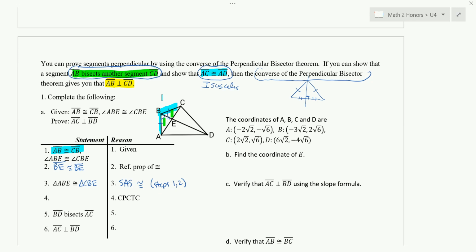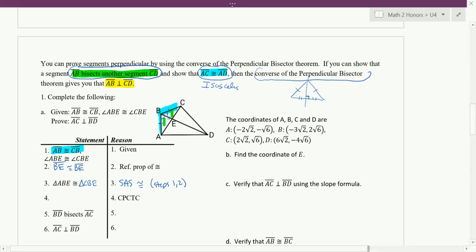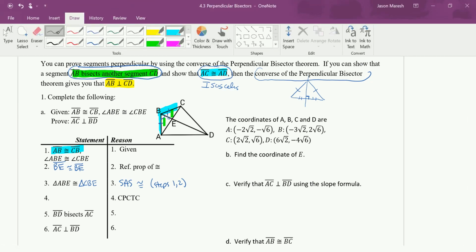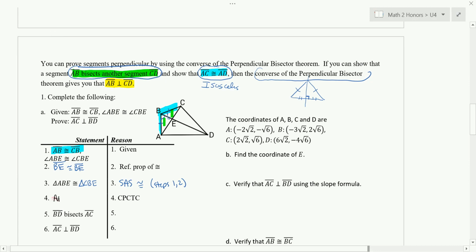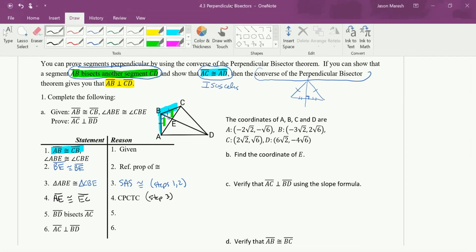What do we need? We have the triangles congruent, so which two parts do we want to say are congruent to each other? AE and EC, yeah. So AE is congruent to EC from step 3. And that is leading to the segment bisector.